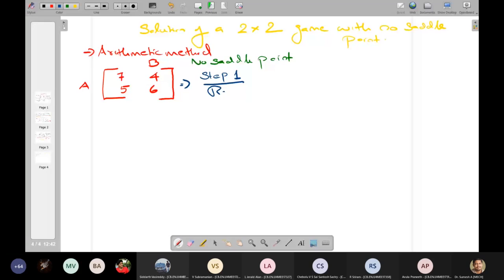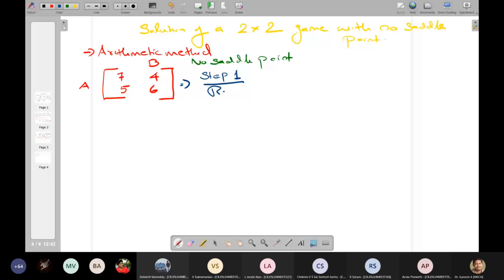Step 2, find the ratio. So the ratio here is 3 by 4 and the next ratio is 1 by 4.